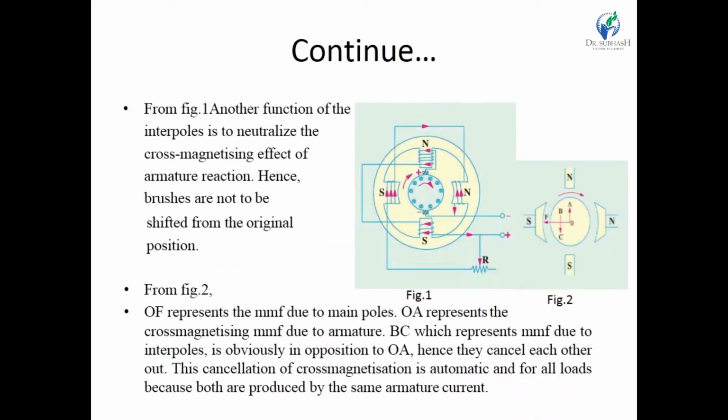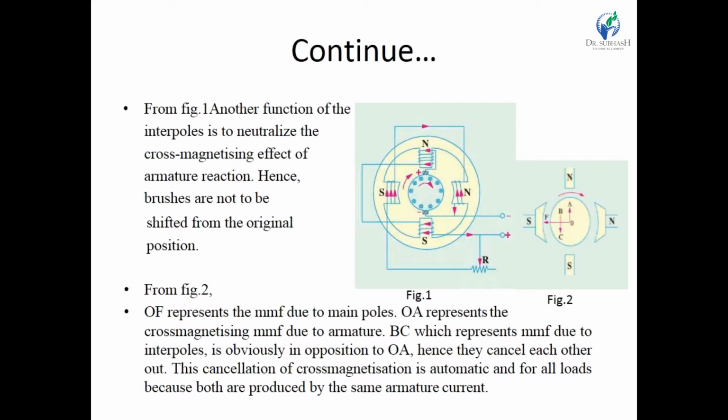Now we discuss the interpoles in two parts. Function of the interpole: in this figure, the function of the interpole is shown. The induced EMF in the coil under commutation helps to reduce the current. The EMF induced by the interpole is called the commutating or reversing EMF.